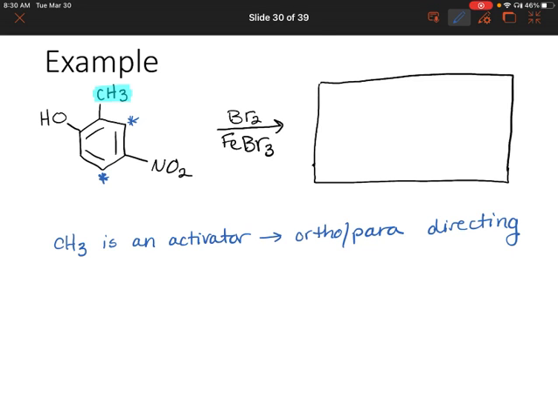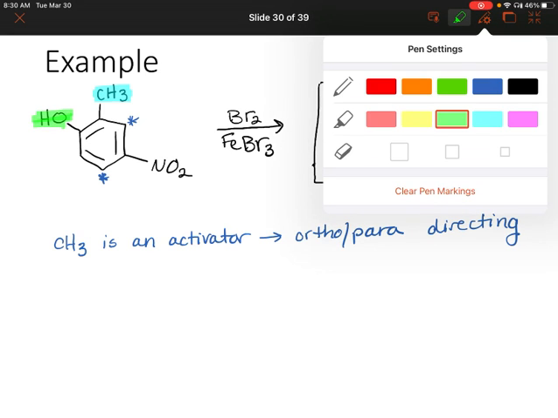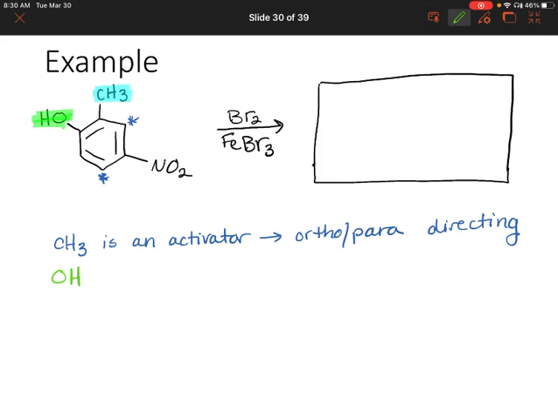Let's look at the alcohol. Is an alcohol group an activator or a deactivator? An activator. So it's also ortho-para directing.